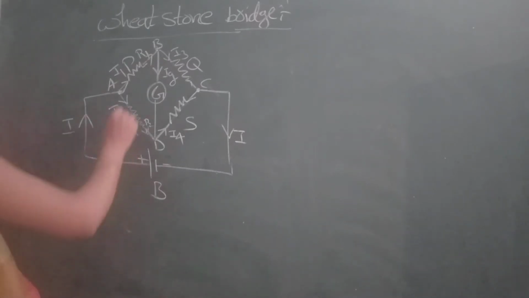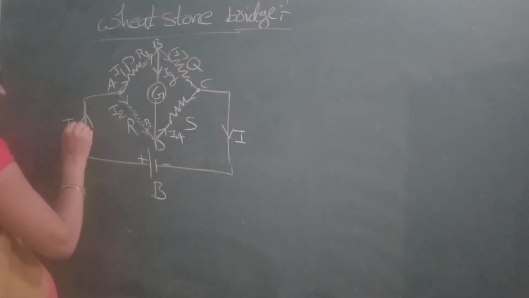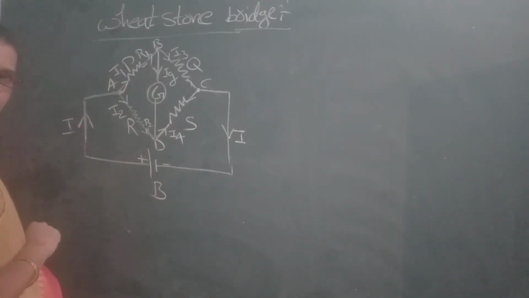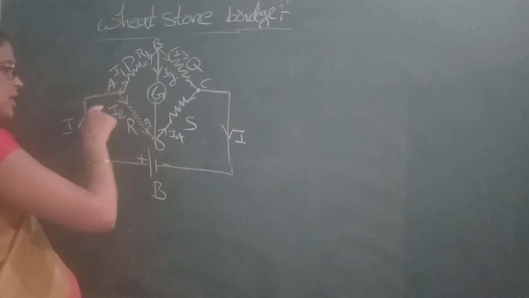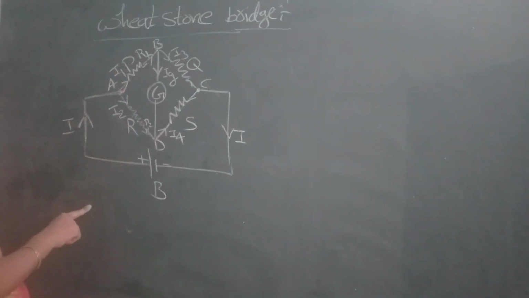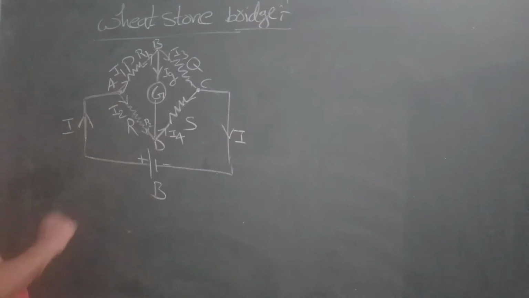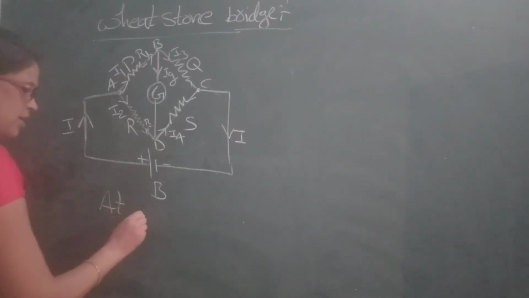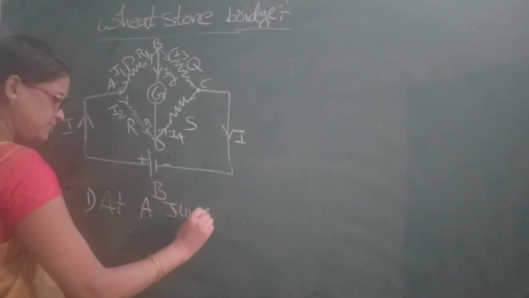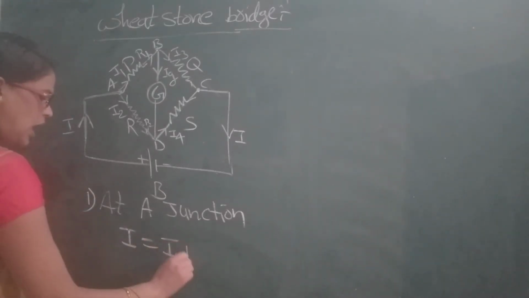First, see point A. The incoming current I flows towards A. Means at A the incoming current is I. From this point A, 2 currents are outgoing, that are I1 and I2, away from the junction A. Applying Kirchhoff's first law at junction A, incoming current equals outgoing current.